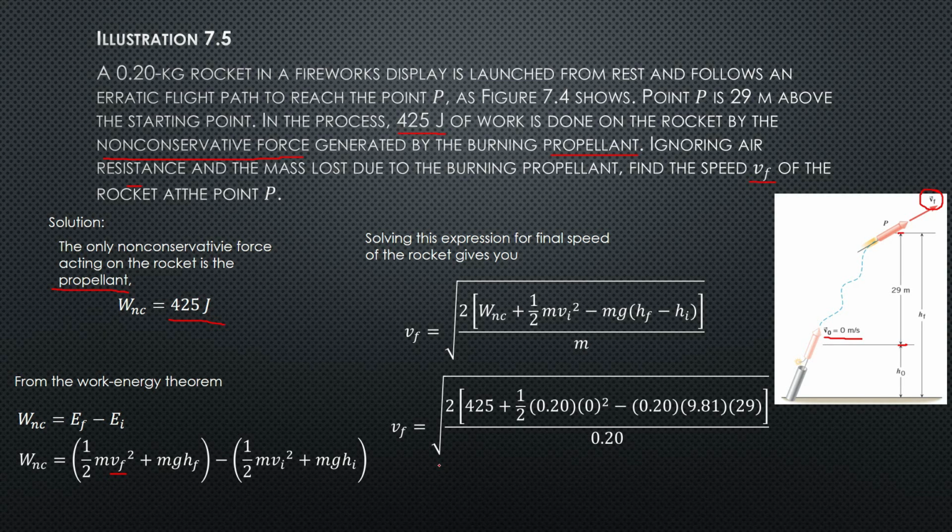So the final speed of the rocket at point P is 60.67 meters per second.